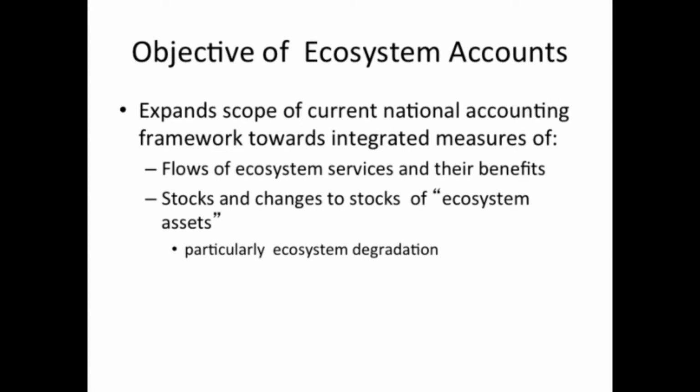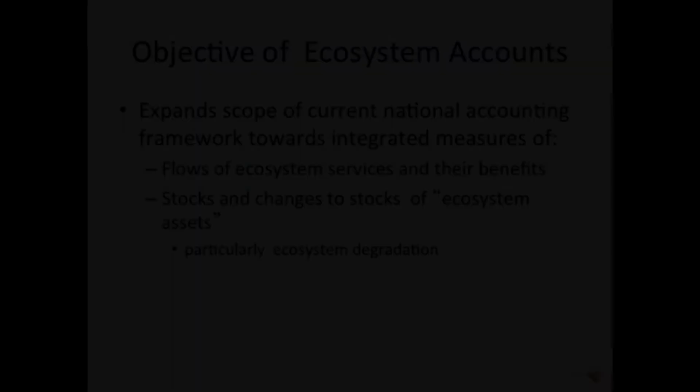And the ecosystem degradation, or the definition of the ecosystem assets, or how they are measured, depends very much on the identification of the ecosystem services and their benefits. So in that sense, ecosystem services and their benefits identification is the starting point. But in this presentation, I'll describe the ecosystem asset accounting first.